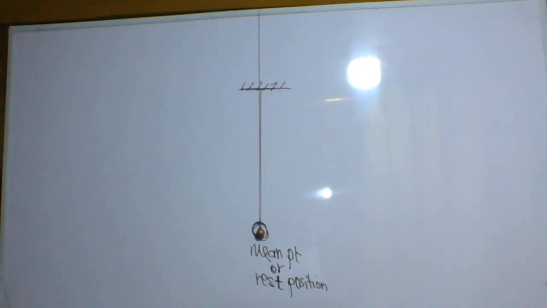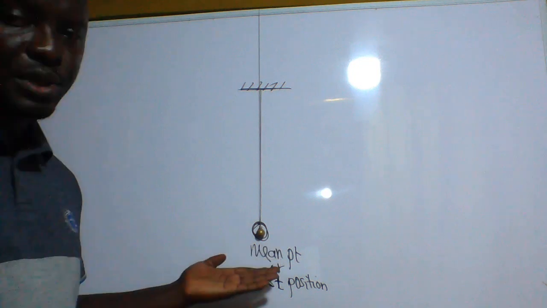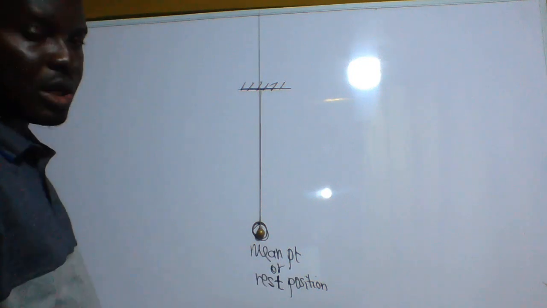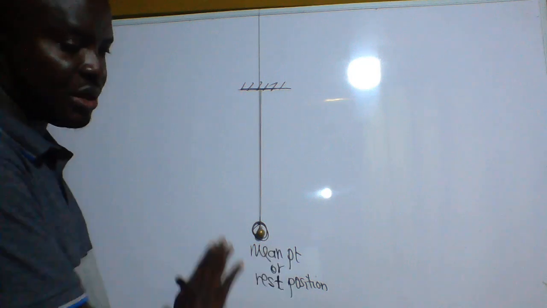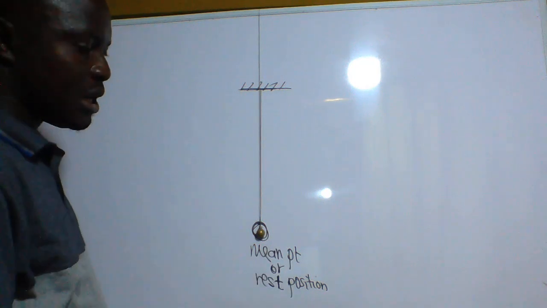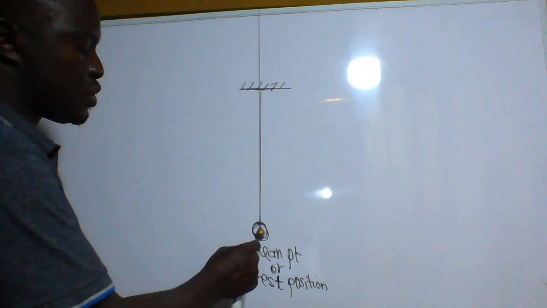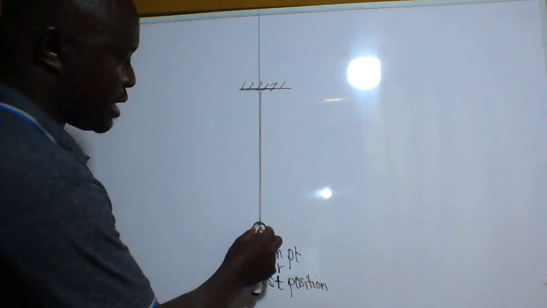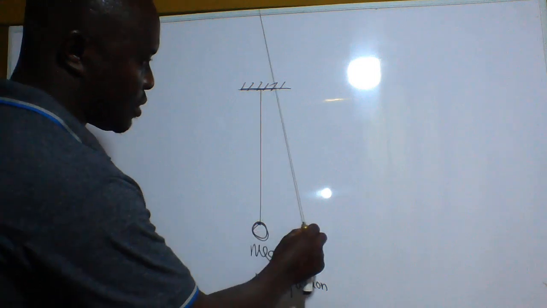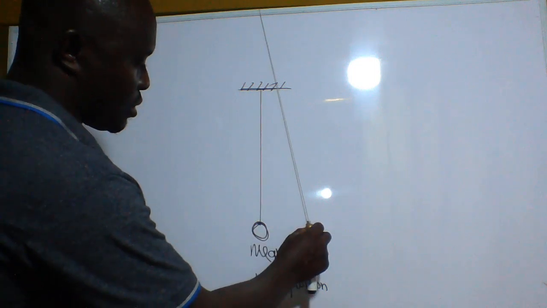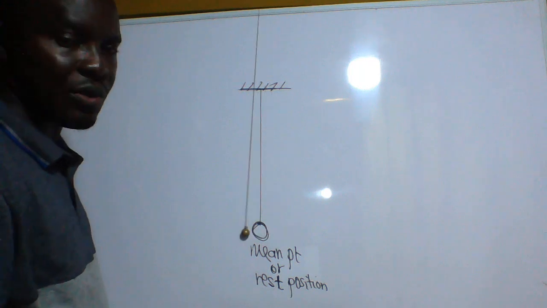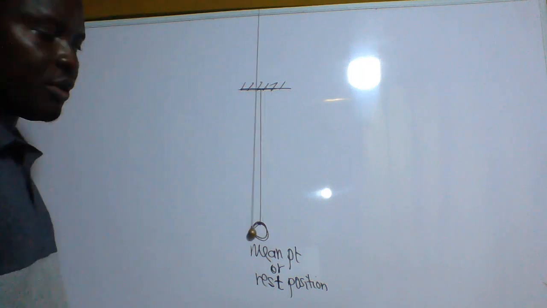At the mean point, the net force acting on the object is equal to 0, and that is why the object isn't moving in any direction but is at rest. Now when the object is displaced through a small angular displacement theta and released, the object oscillates around the mean point.